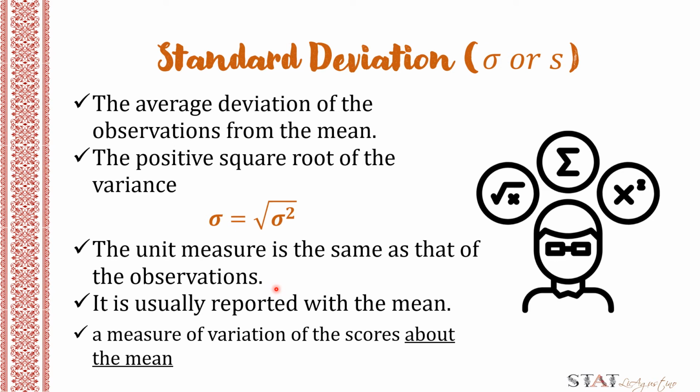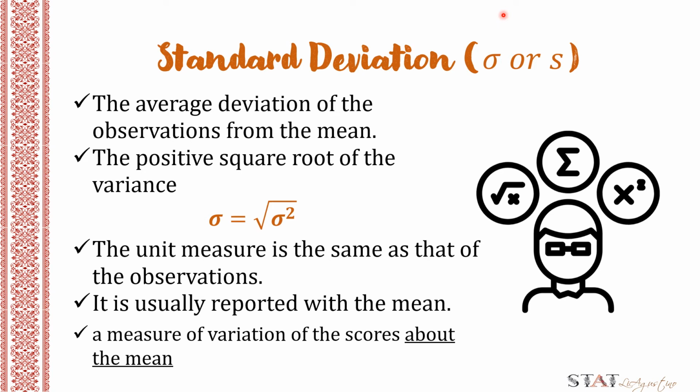So to circumvent these issues, mathematicians and statisticians just employ this principle of getting the square root, to bring it to the same unit measure, just like what we have in the original data or in our observation. And it is usually reported with the mean, the measure of variation of the scores about the mean. So why do we need this?